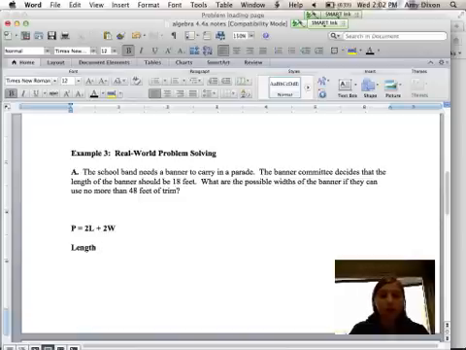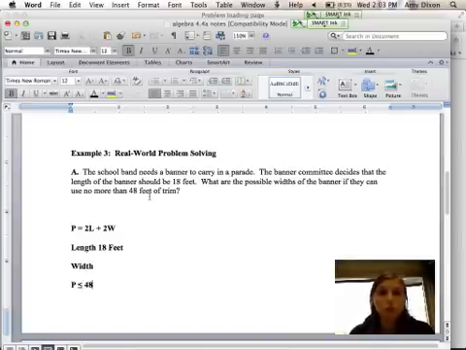Okay, what they tell us is that the length has to be 18 feet. We need to figure out what the width will be if the perimeter has to be no more than 48 feet of trim. So the perimeter has to be less than or equal to 48. Okay, so it says no more than 48, which means we can have 48, but we can't have anything more than that.